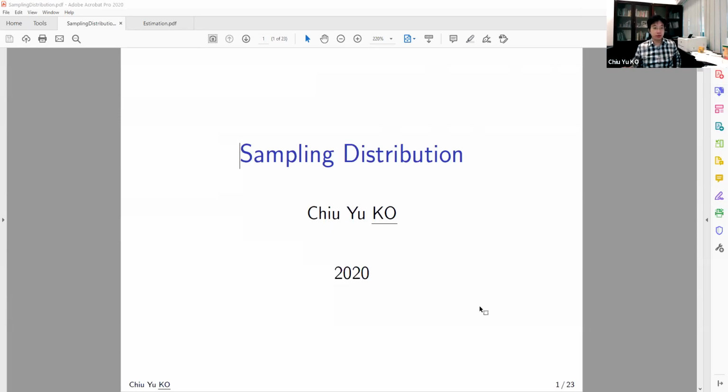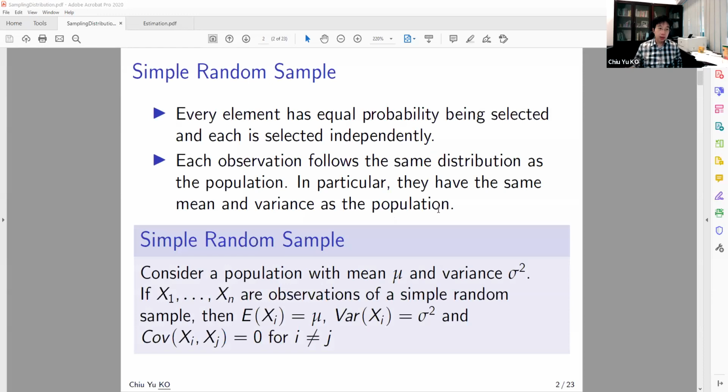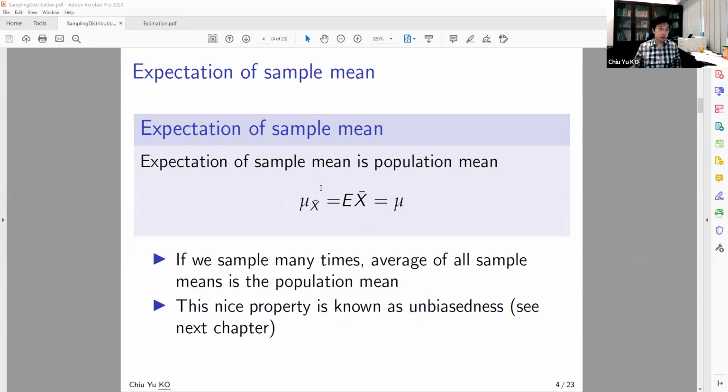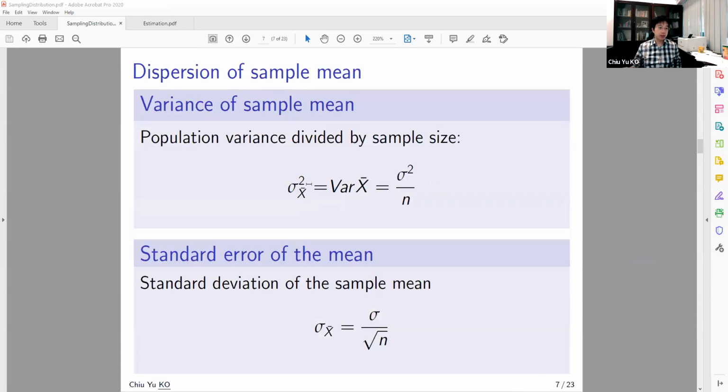Very quickly, we just review the previous chapter, sampling distribution. With an input random sample, we learned the sample mean is the mean or the expectation of the sample observations. And we know the expectation of the sample mean is the same as the population mean, and the variance of the sample mean will be the population variance over n.